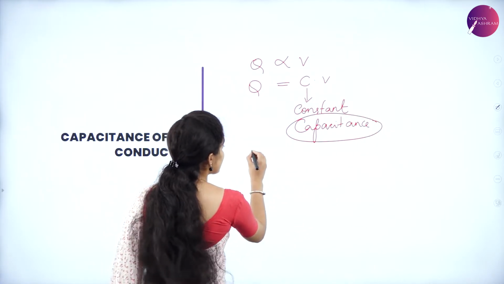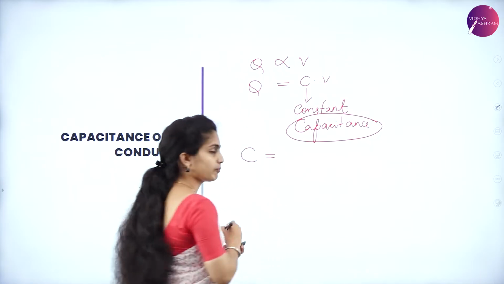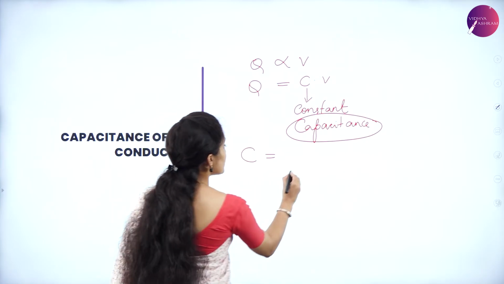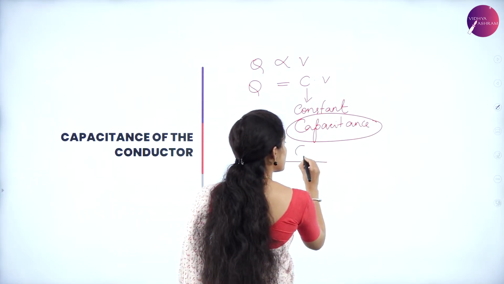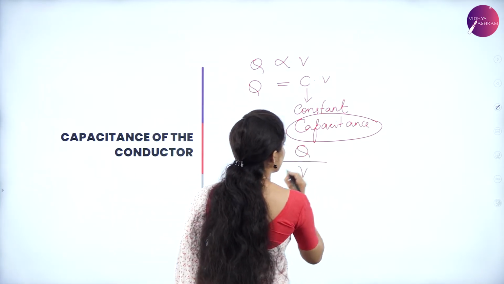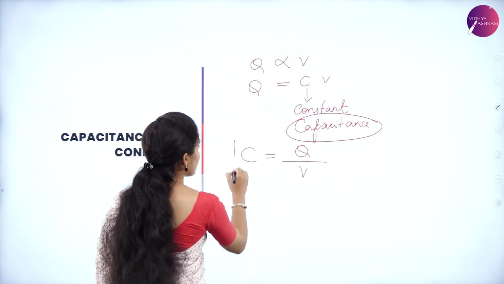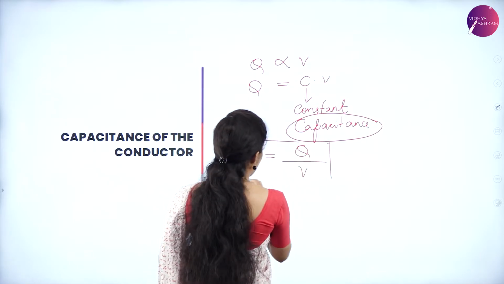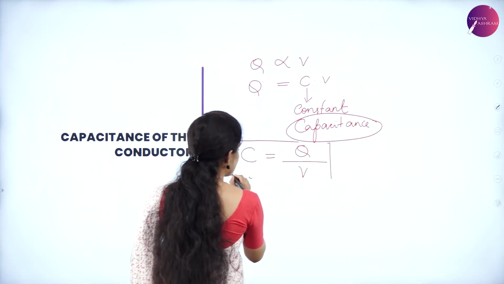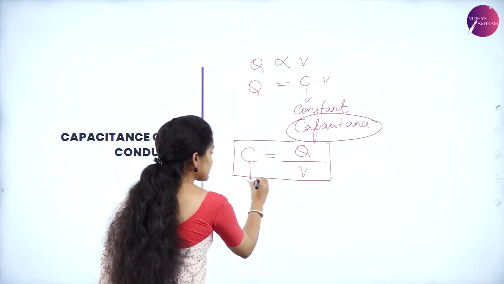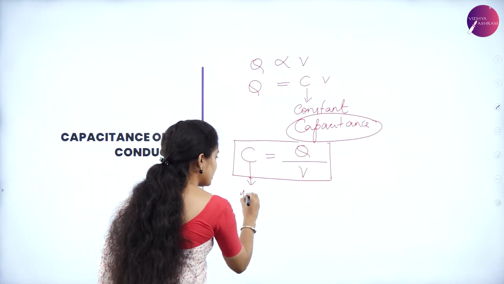So what is capacitance? Capacitance of a conductor is the ratio of the charge to the rise in its potential. So this is the formula of capacitance. Suppose this capacitance is 1 farad.